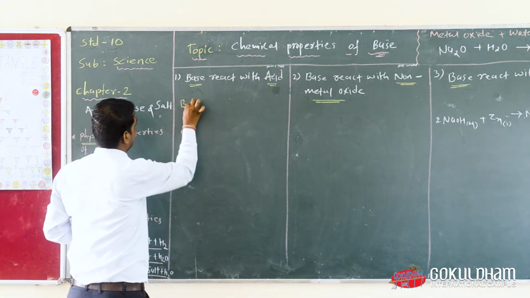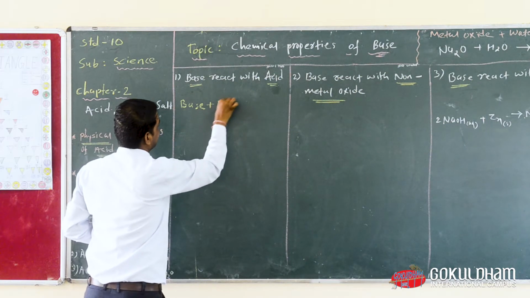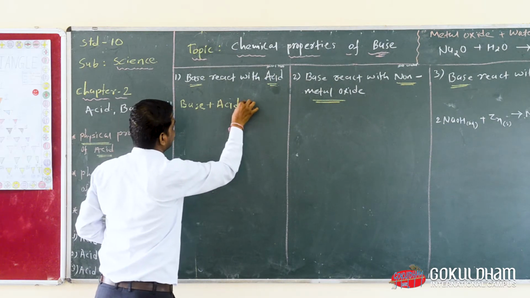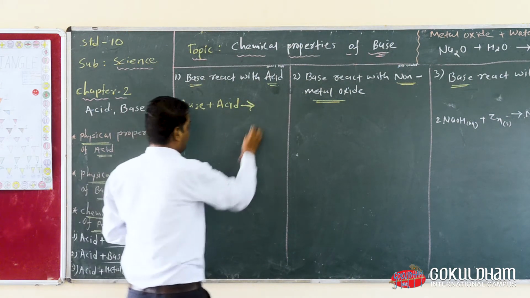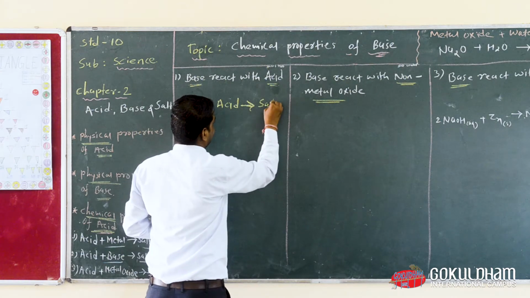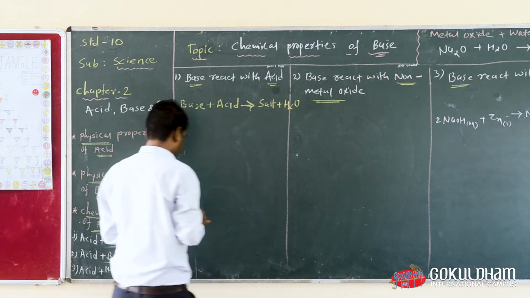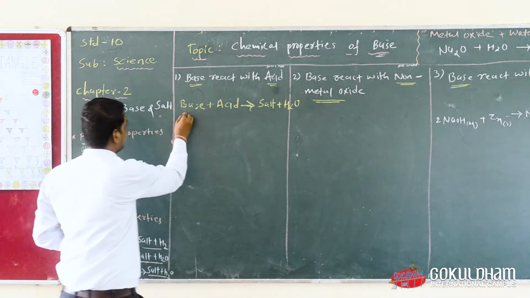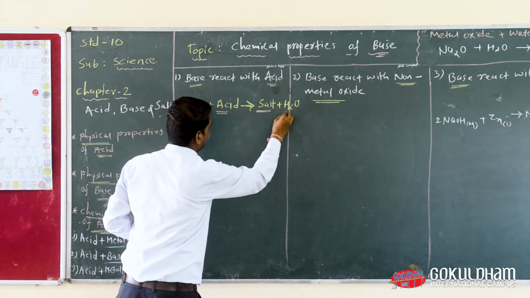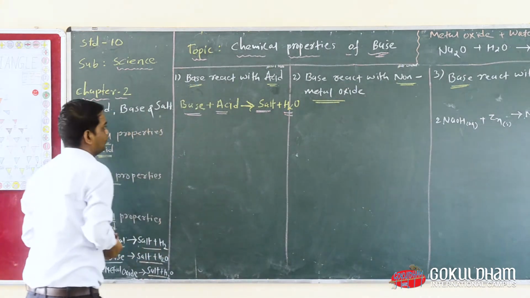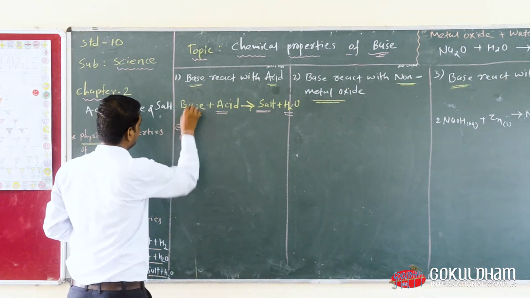When base reacts with acid, we get products like salt and H2O. H2O means water. I repeat one more time: when base reacts with acid, we get products like salt and H2O.